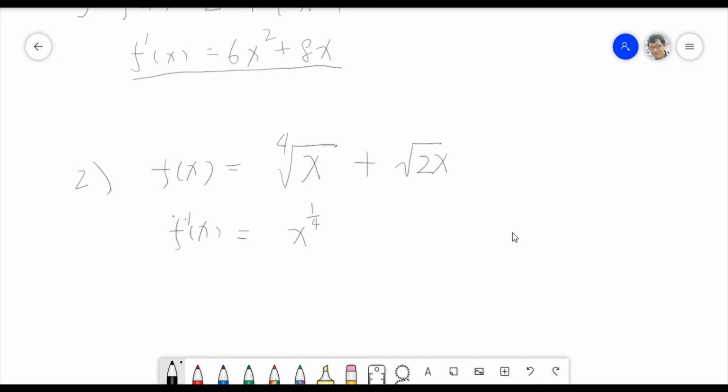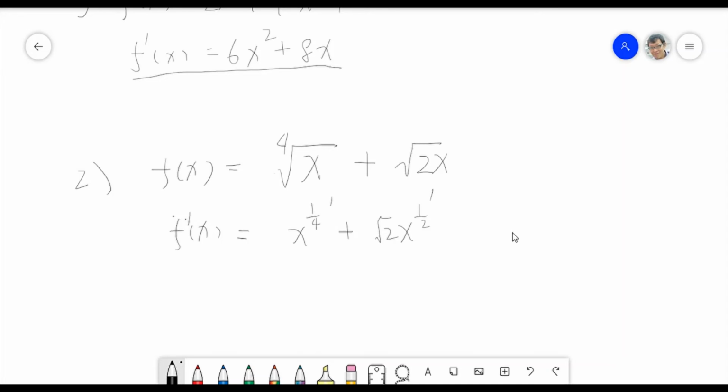This can be differentiated, plus 2 times the square root of x. I can move the 2 out separately. That's no problem, right?